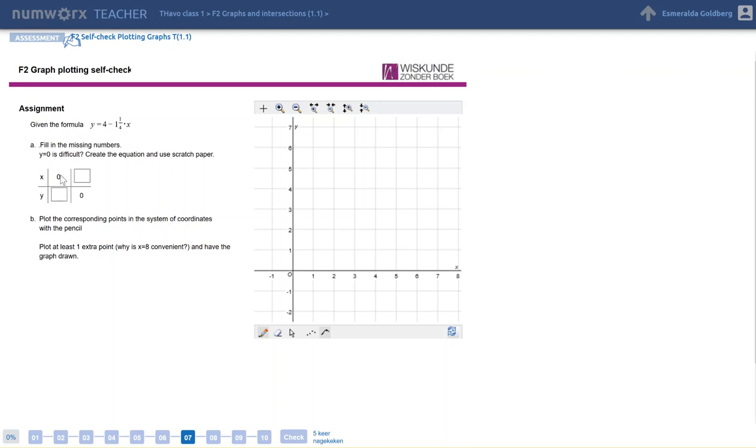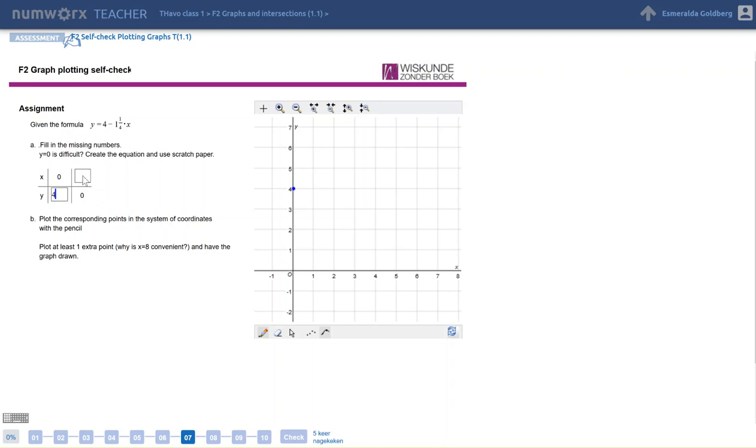We can do that by taking 0 and filling it in for x in the formula. So we get the calculation 4 minus 1 1/4 times 0. Multiply first, so 1 1/4 times 0 is 0, and 4 minus 0 is 4. So this should be the number 4.